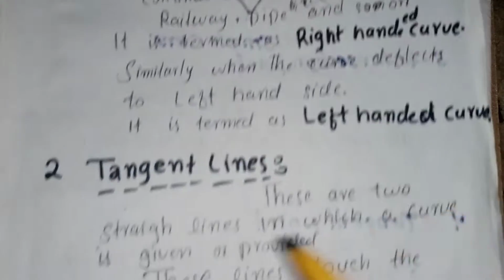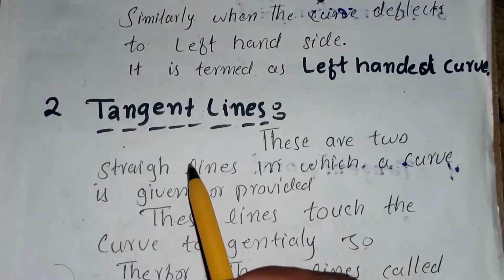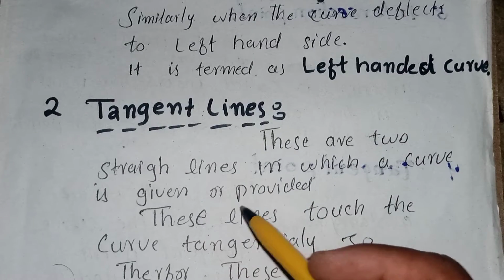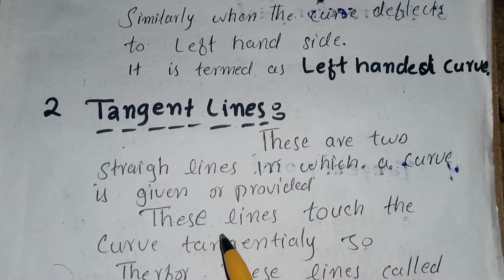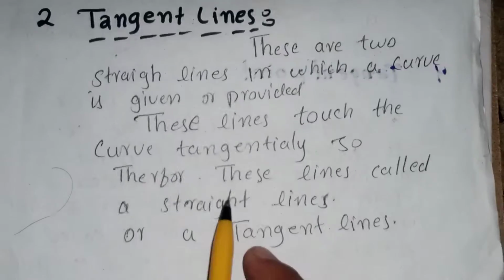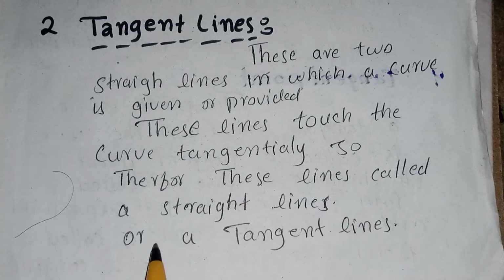And the other term is tangent lines. These are two straight lines in which a curve is given or provided. These lines touch the curve tangentially, and therefore they are called tangent lines.